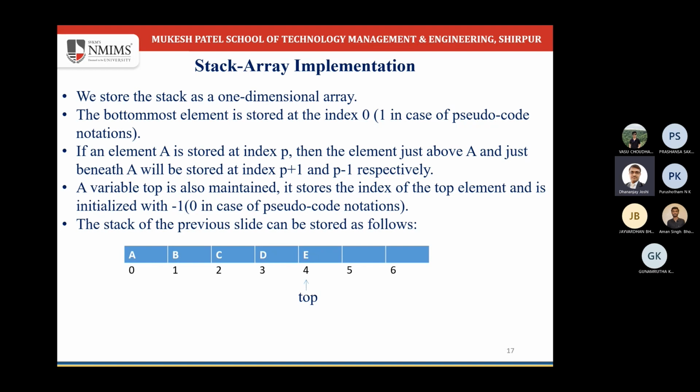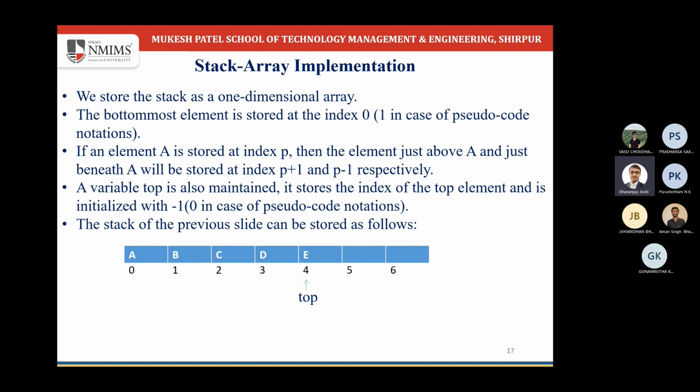What we will be doing is incrementing the value of top by 1. Then it will move to the next index, and suppose the name of the array is ARR. Then we will store the element which is to be inserted at that new value of top.